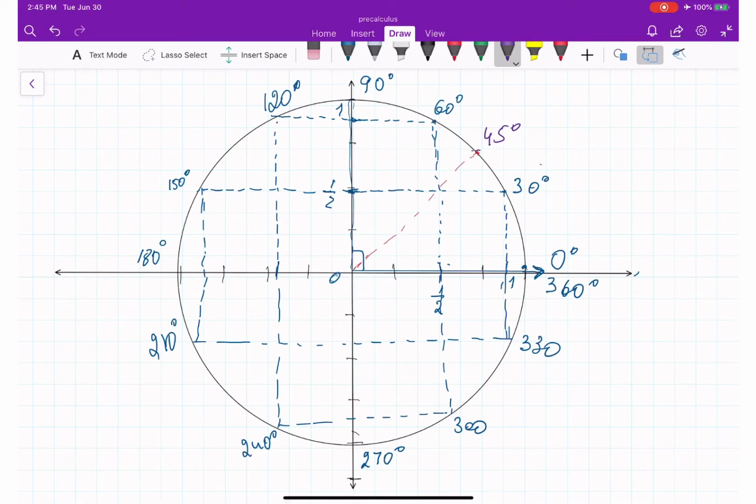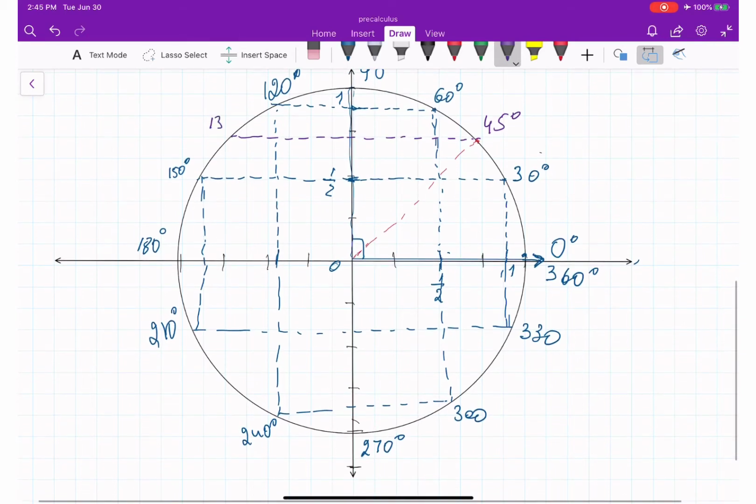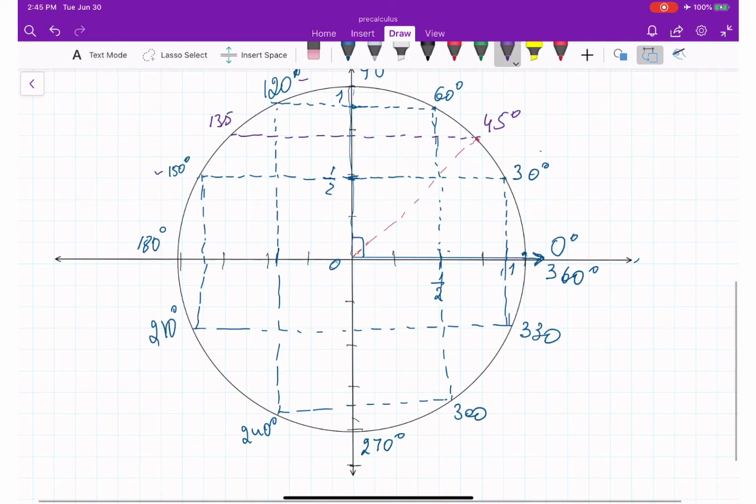Which means if I provide a line here, so for 30, I have to add 15 to get 45, so 120 plus 15, I'll get 135. Or you can take the average between 120 and 150. Add them up, divide, and you will get the right middle. Or just 120 plus 30, plus 15 degrees.